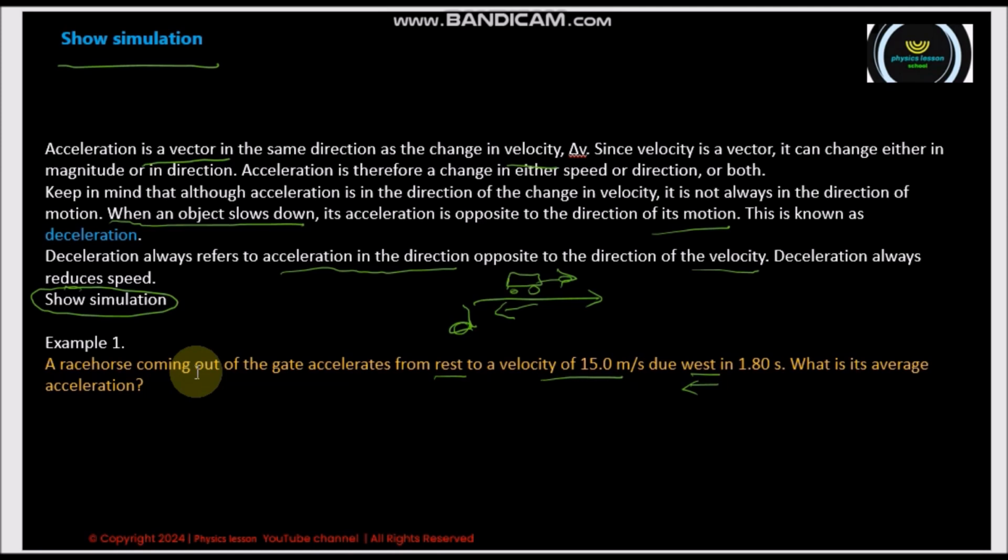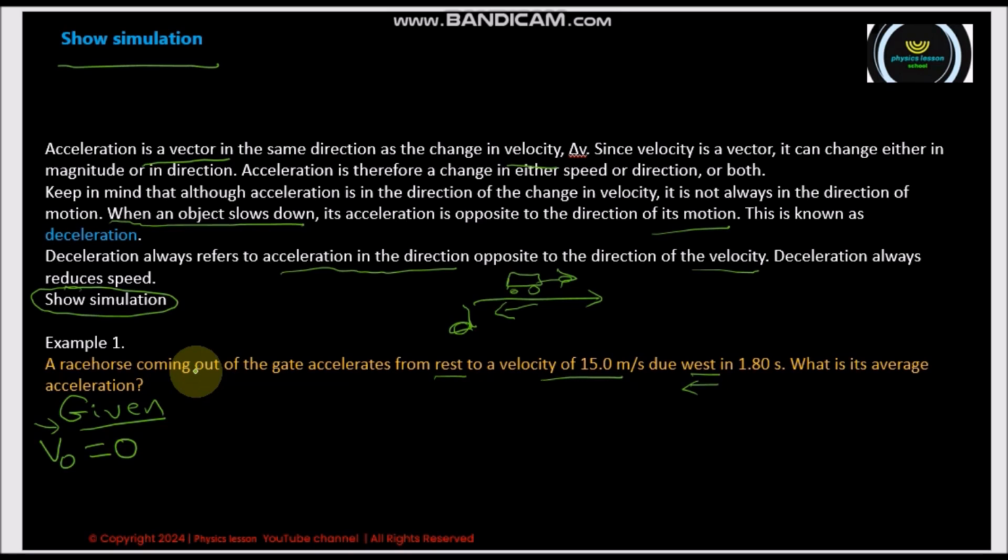Let's look. We have the given. When you get a problem, first take out the given. What's given? Accelerates from rest. If you see accelerates from rest, that means the initial velocity is 0. Okay, the word rest.